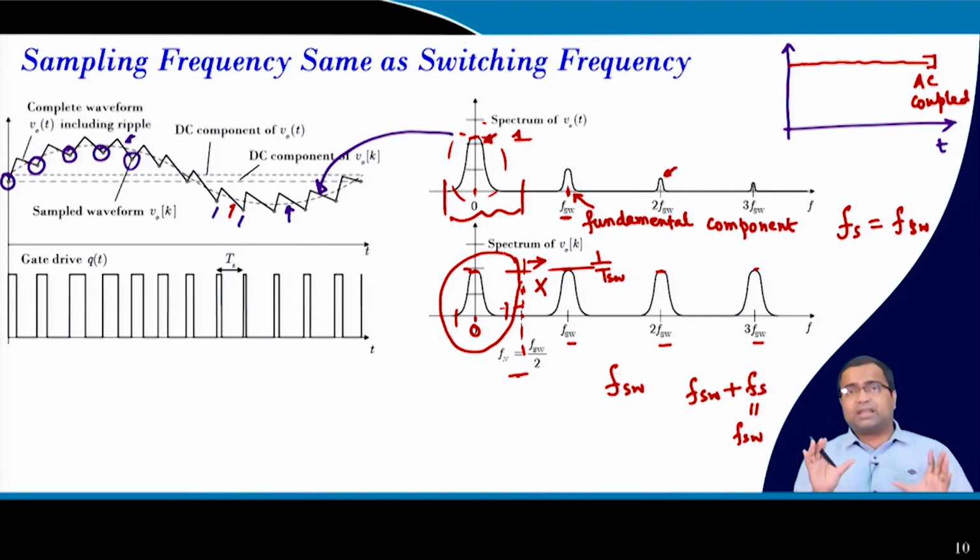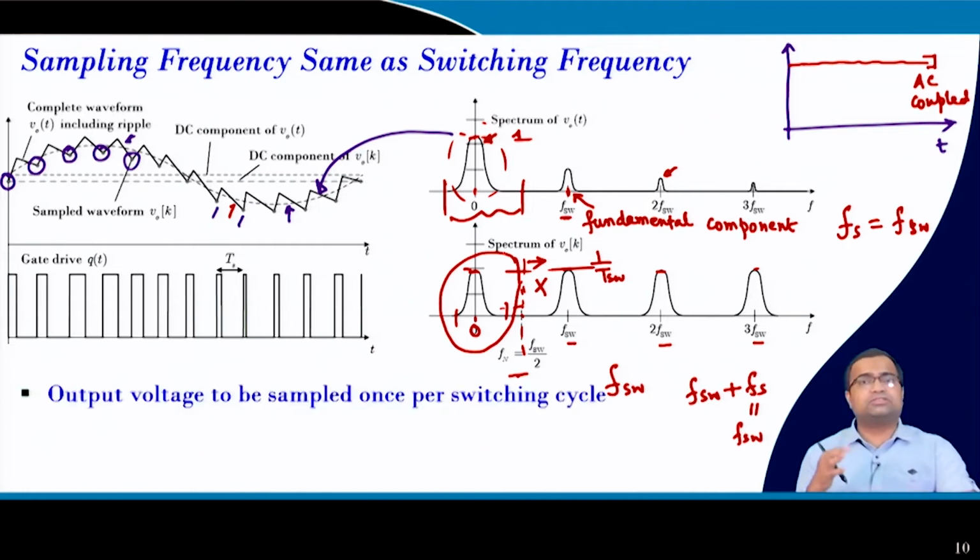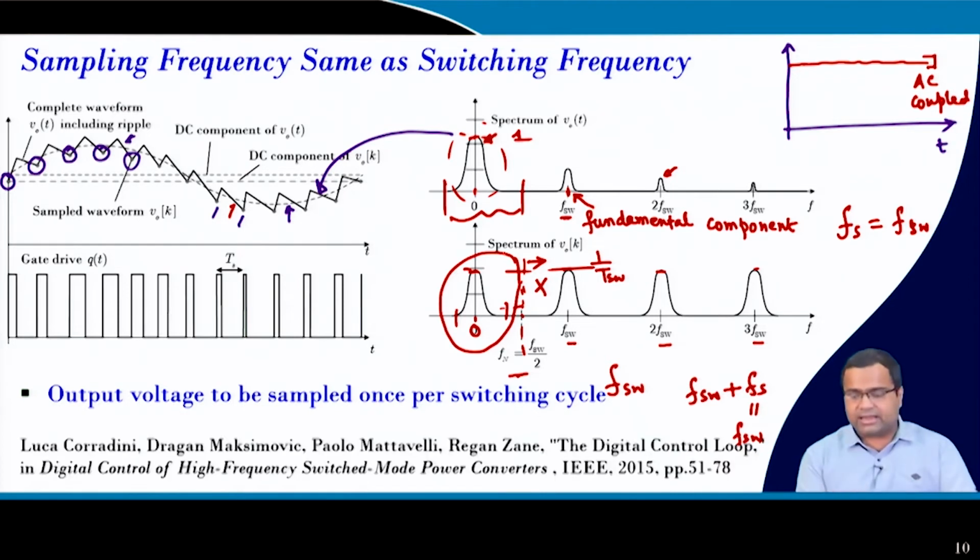But suppose you take a higher sampling rate, then it may so happen that in the Nyquist range you will get an additional component, and that can cause an aliasing effect. To avoid this aliasing effect, one sample per cycle is considered, from a power spectrum point of view, to be very good, and you can get more detail in this book, and there are multiple papers on that.